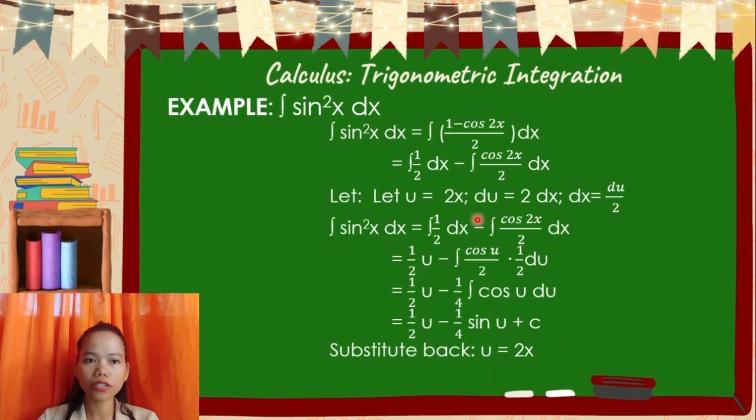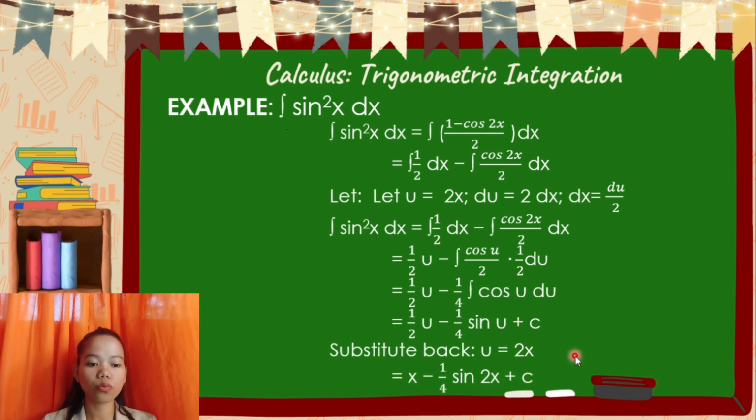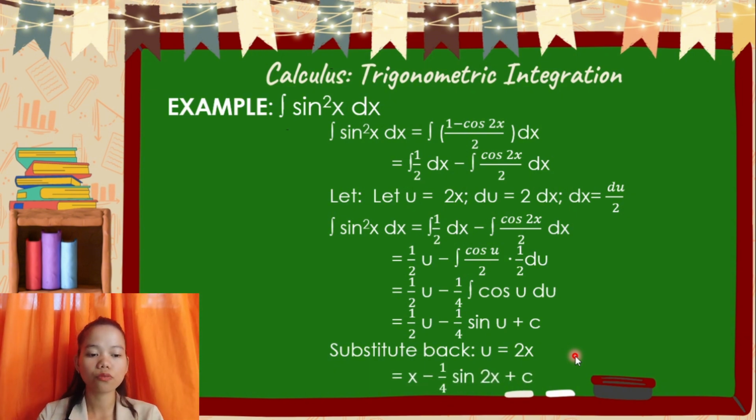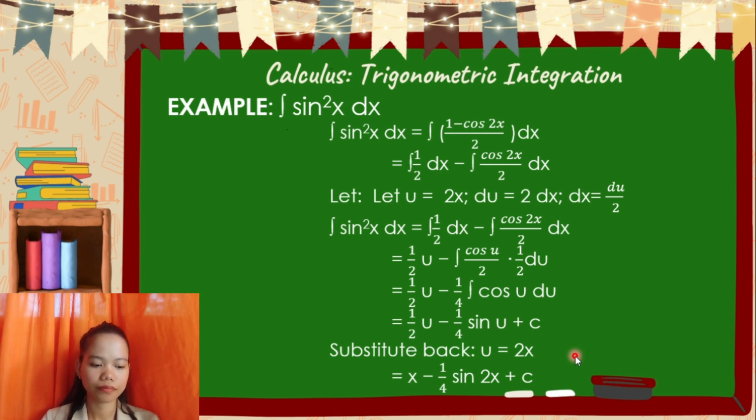Right after that, since we applied the u substitution, we substitute back the 2x. So what we have now is 1/2 times 2x minus 1/4 the sine of 2x plus c. So what we have now is x minus 1/4 sine of 2x plus c.